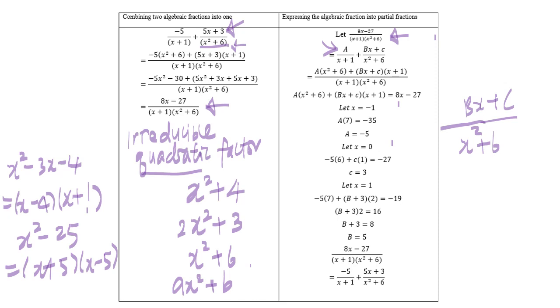So I have to use b, bx plus c. Why bx? Because it has to be 1 degree less than the denominator. The denominator is of degree 2, x squared, so 1 degree less will be a linear one. So the linear factor is bx plus c.